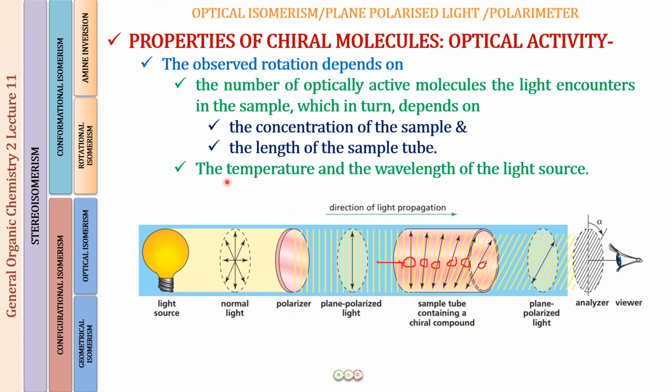So the temperature of the system should also remain constant. And the other thing that should remain constant is the wavelength of the light source, because it is the light which is traversing. So the wavelength of that light is also very important. Alright, so what are you going to keep constant when you compare the optical activity of substances? The concentration of the sample, the length of the sample tube, the temperature and the wavelength of light.